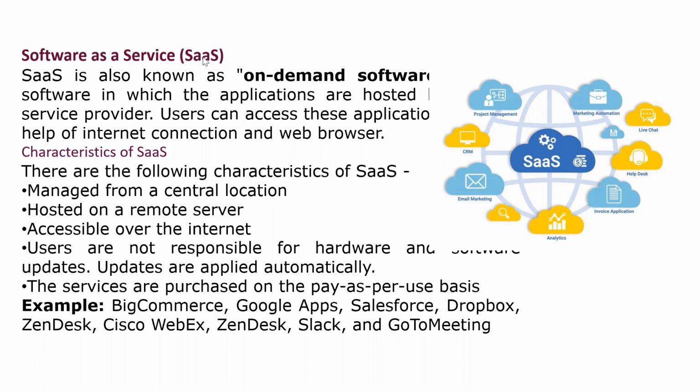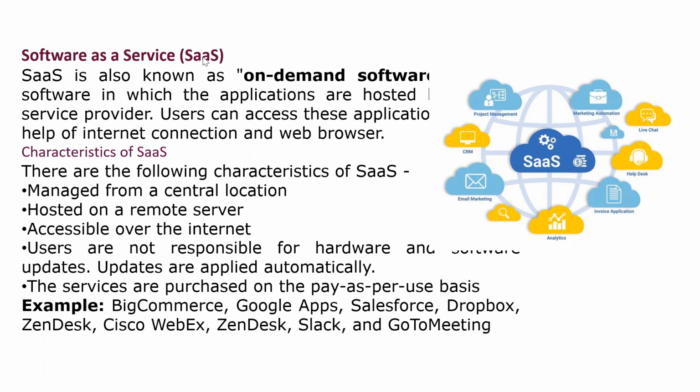Obviously here the user is a tenant, and the service provider is providing a service. This type of service is also called multi-tenant architecture, because multiple people are availing this service, so it is called a multi-tenant service.